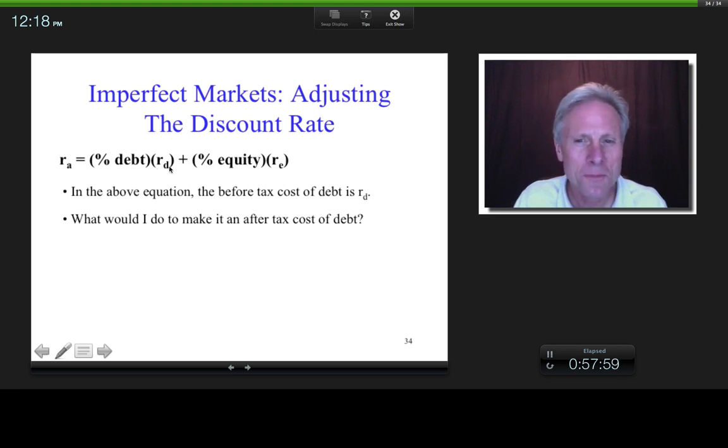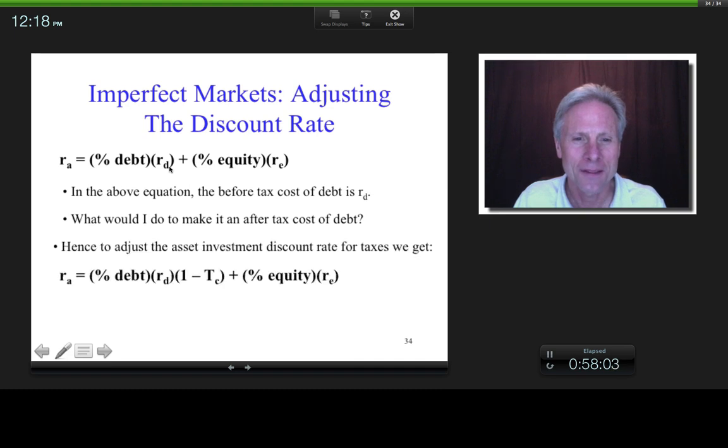Could I do the same thing here? I could, right? And so basically, to adjust the discount rate for the asset investment decision and put it on an after-tax basis, all I do is multiply this required rate of return of debt by 1 minus the tax rate. And so there we've achieved our goal of figuring out the discount rate for the asset investment decision.